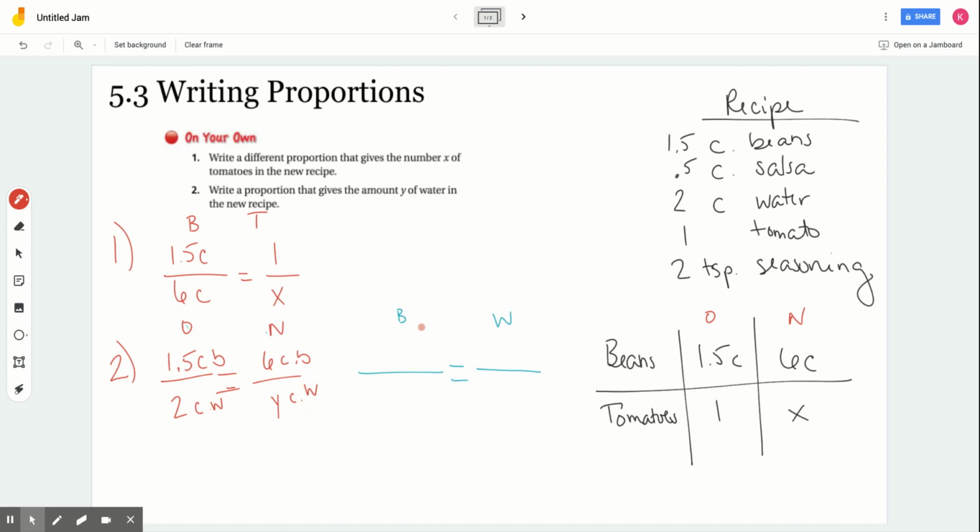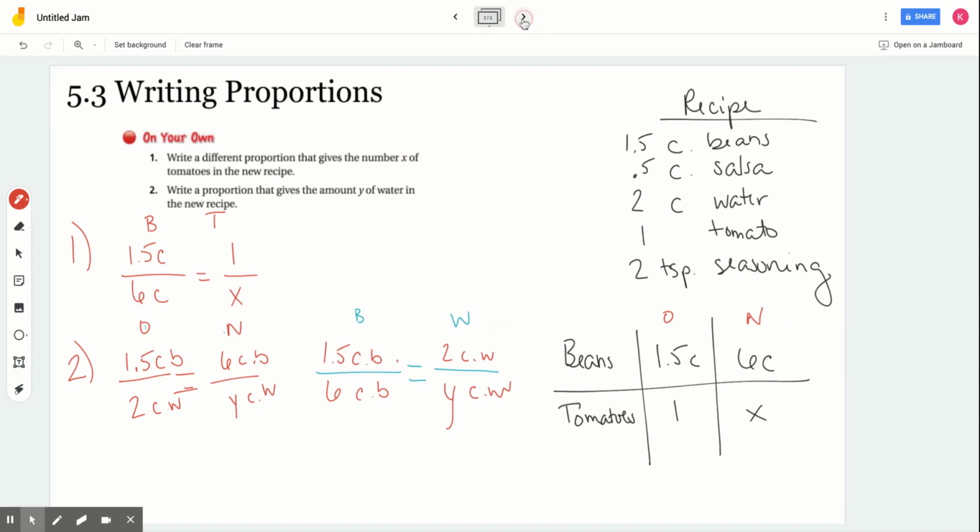For the second one, we can compare the beans to the water. So we know that we have 1.5 cups of beans to 6 cups of beans, and we have 2 cups of water to an unknown number of cups of water. So this is 2 examples of how we could answer number 2.